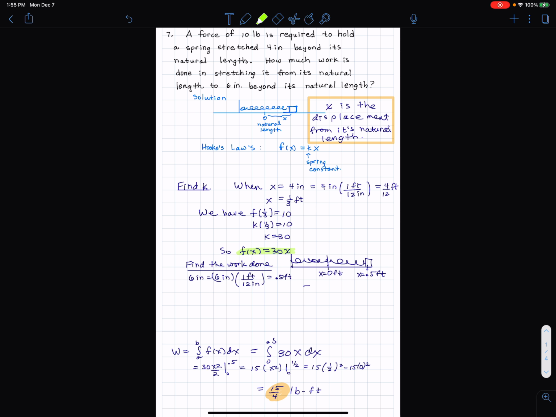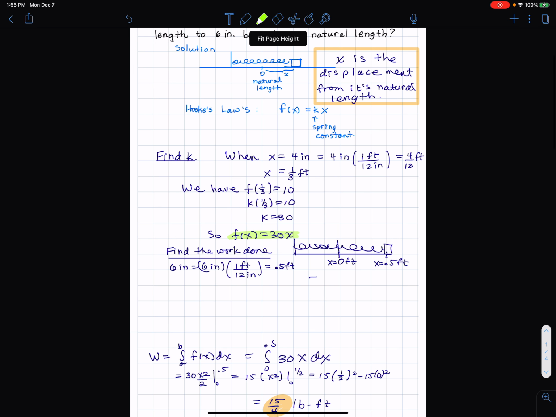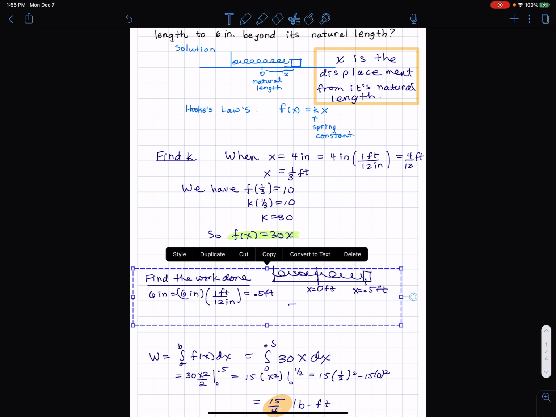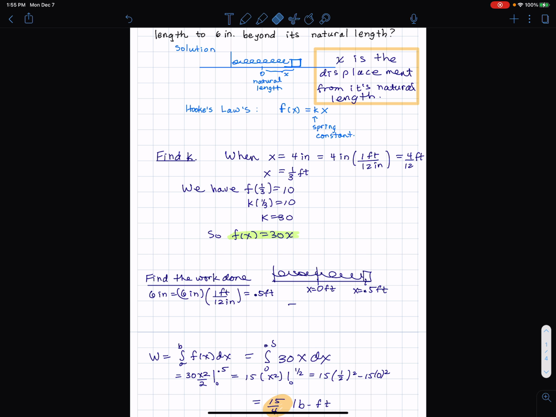Now, I have a pretty messy picture here, but I'm looking at the work done where we're moving from 0 being the resting place to 0.5 being just some other place. I just thought I'd try to somehow improve this picture.